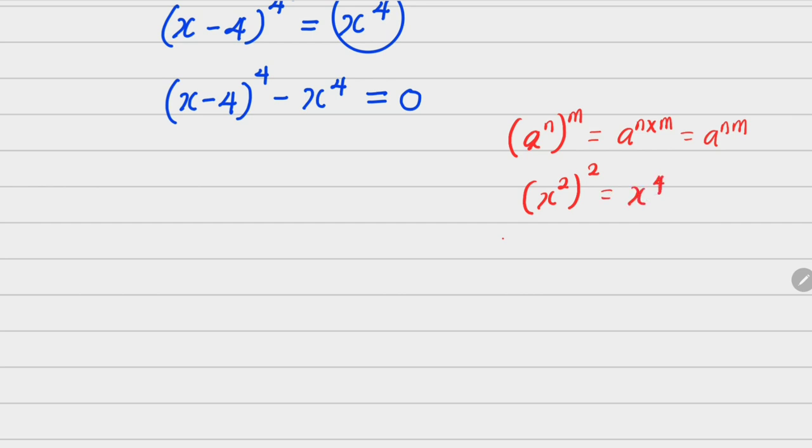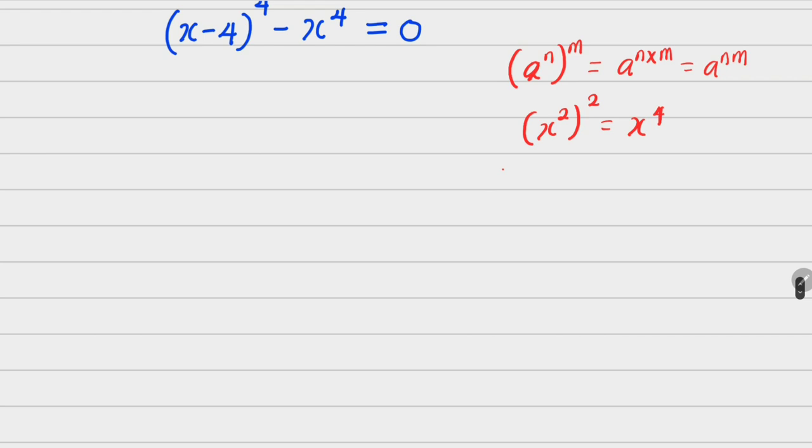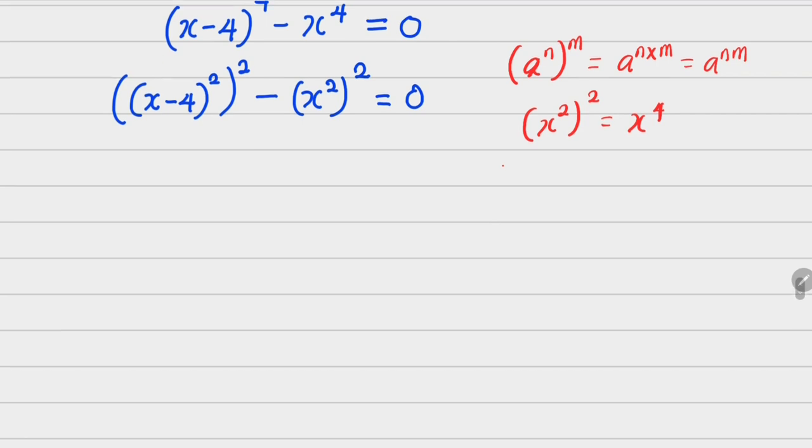I'll say, okay, that is a good step. So why not let me have this as (x − 4) all raised to power 2, then all to the power of 2 again, minus x raised to power 2 all to the power of 2, and this equals 0. You can see that it's taking shape.